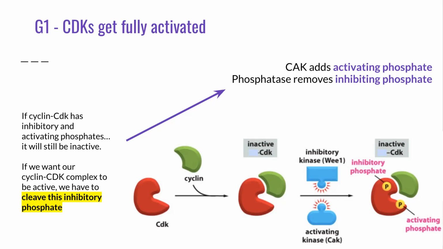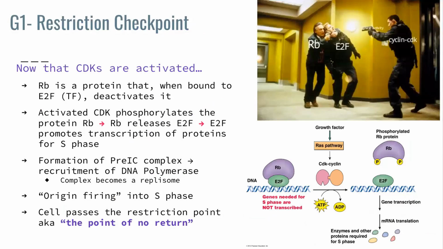So we have to have a phosphatase cleave this inhibitory phosphate, which now with this gone, CDK-cyclin complexes can be active.